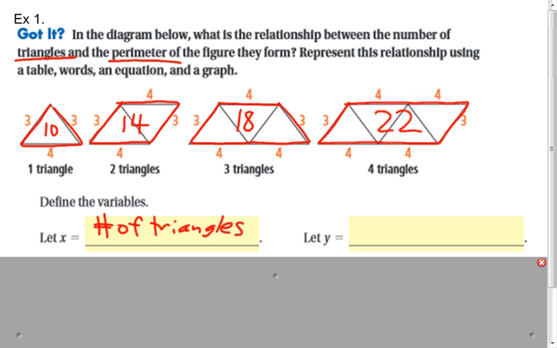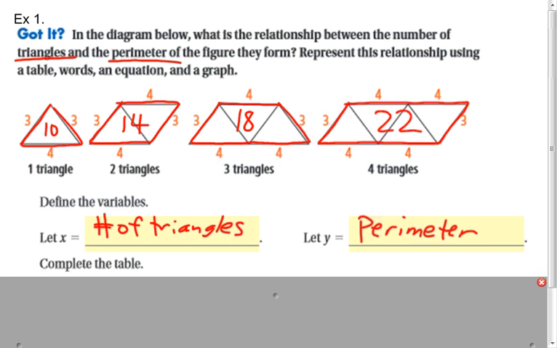What else is changing because of what I did? Well, when I change the number of triangles, perimeter changes on its own. So y is the dependent variable, so y is the perimeter. Okay?